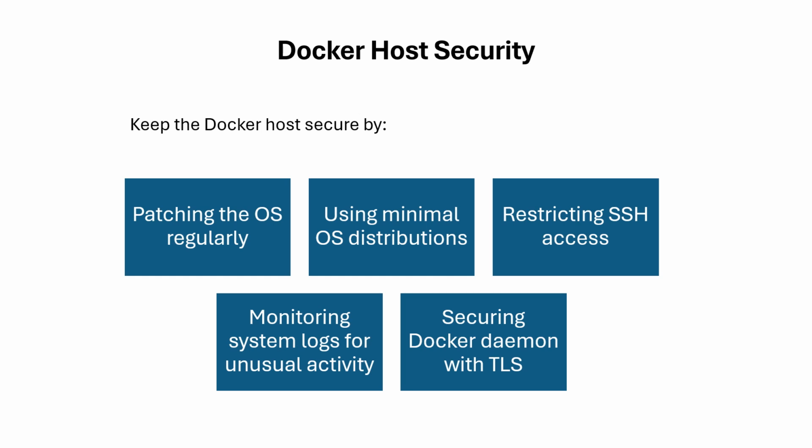Additionally, restricting SSH access by using strong authentication methods and limiting which IP addresses can connect to the host will make it significantly more challenging for unauthorized users to gain access. Monitoring system logs can help detect any unusual activity that may indicate a breach. Furthermore, securing the Docker daemon itself with TLS ensures that communication between the client and Docker daemon is encrypted and authenticated, preventing unauthorized access.